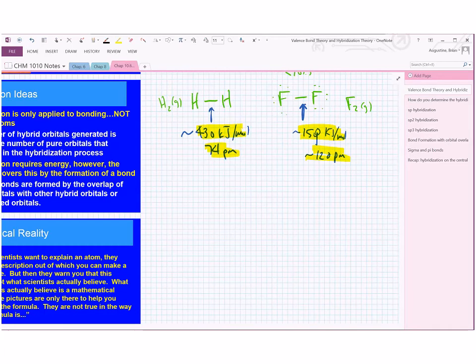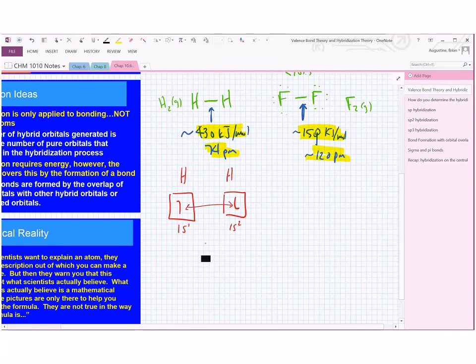We already kind of knew that from the Lewis structures. So if we think about that, each hydrogen has a 1s electron. I'm going to write them up and down, 1s1, 1s1. That's each hydrogen.